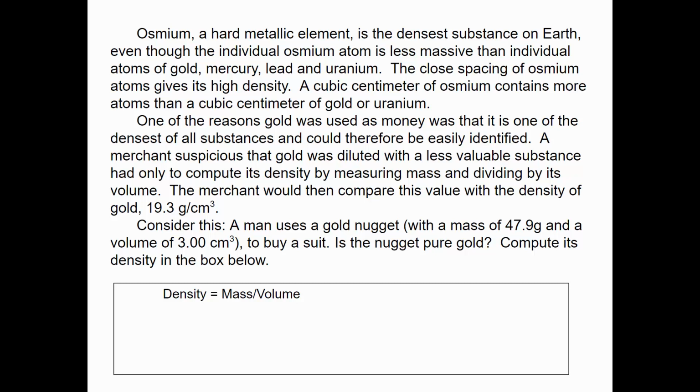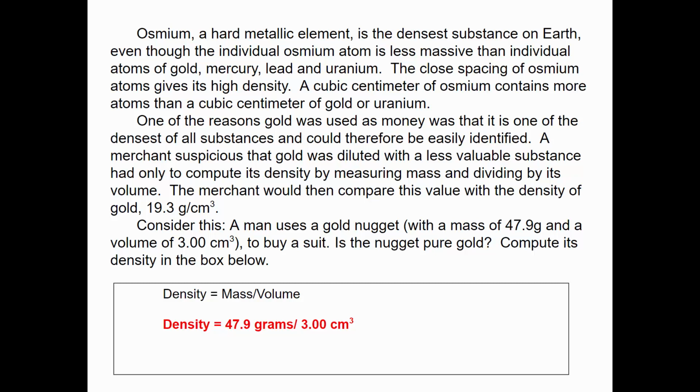I got it. Yeah, no, that's wrong. So I set this up. Density equals mass divided by volume. Substitute in my mass, 47.9 grams. Substitute in my volume, 3 cubic centimeters.